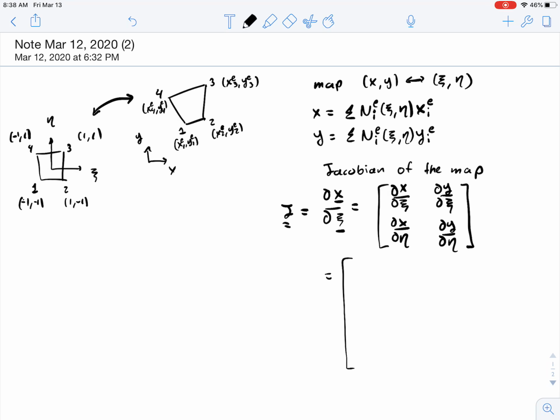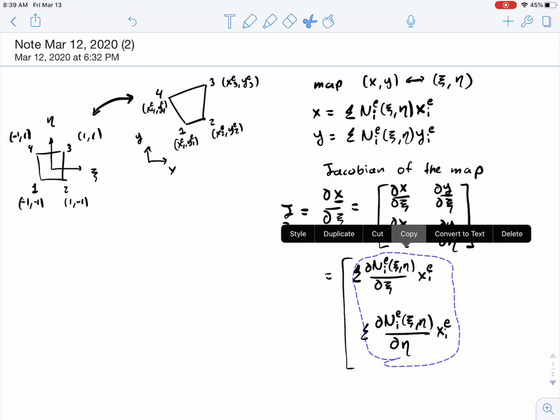So for example, the partial of x with respect to xi I can get from here, which is just the sum of the partial derivatives of the shape functions with respect to xi times the x coordinates, and this one will be the sum of the partial derivatives with respect to eta times the x coordinates, and then for y I just need to copy paste.